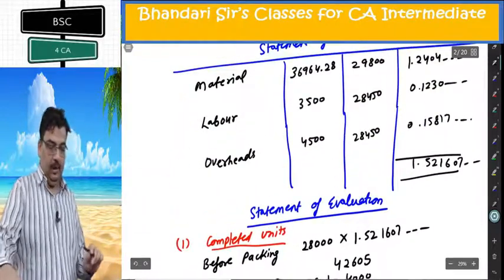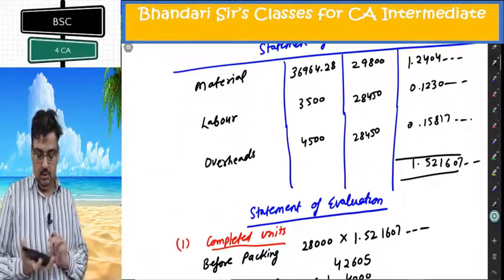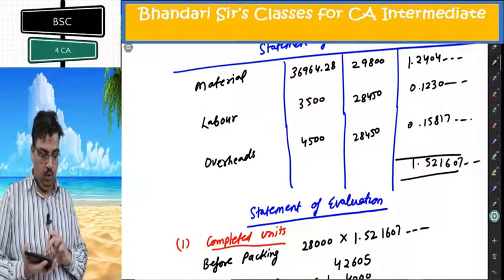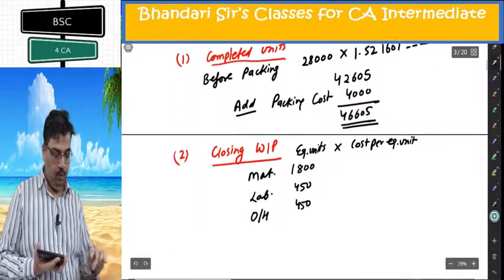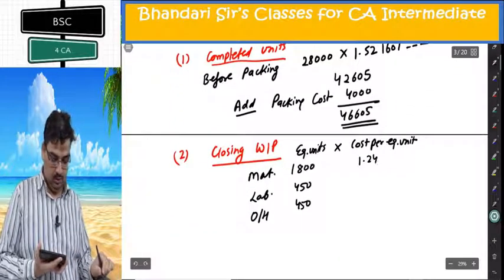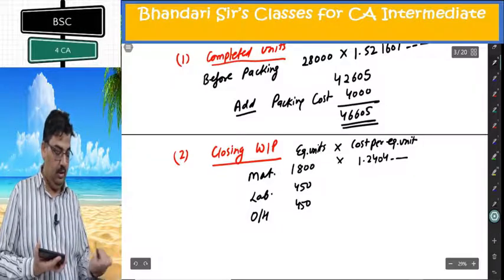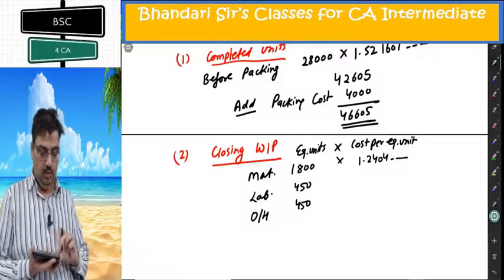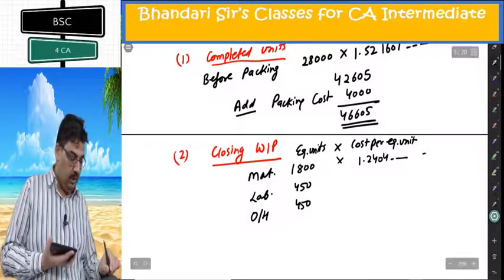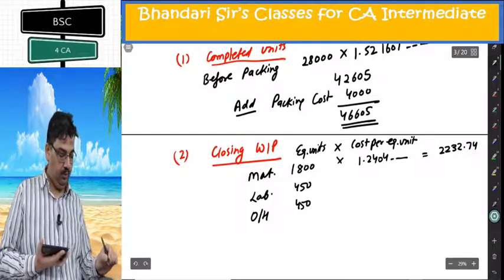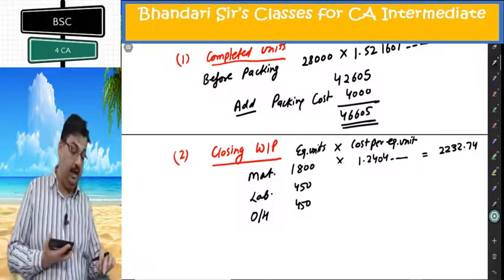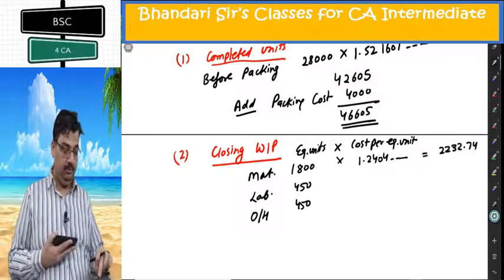We got separately there 36,964.28 divided by 29,800. I got 1.2404 dash dash. Now dash dash dash is important because I don't want to approximate. I am getting 2232.74. Approximate till paisa in totality, not in per unit.